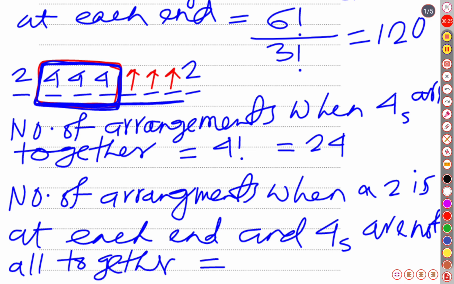So what will be the number of arrangements when a 2 is at each end?